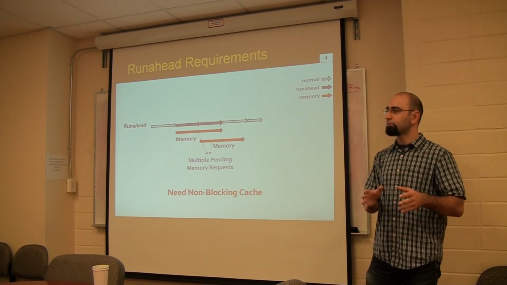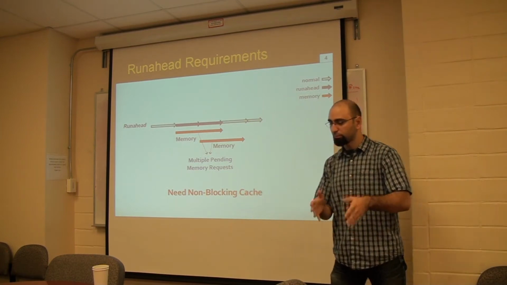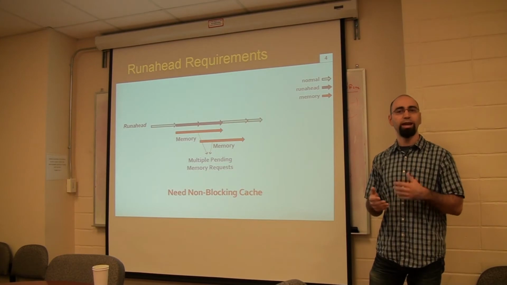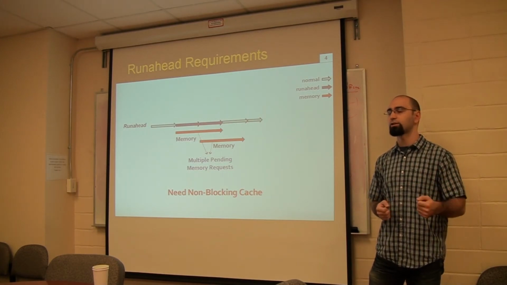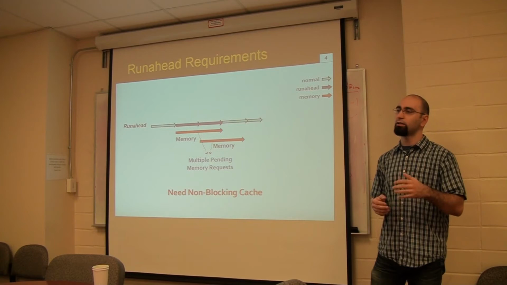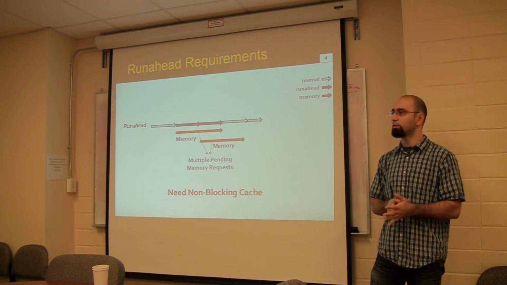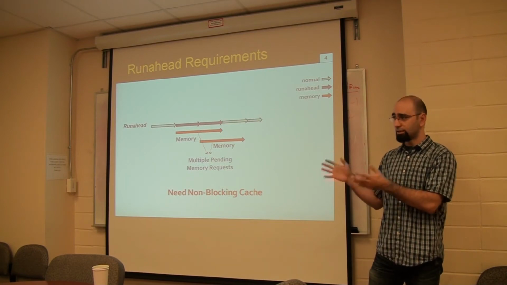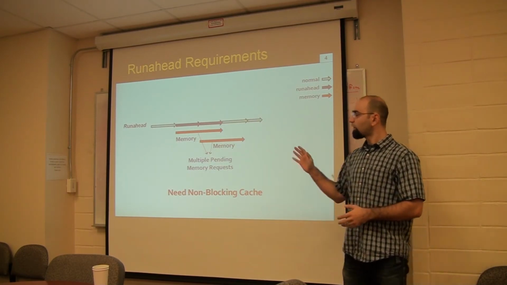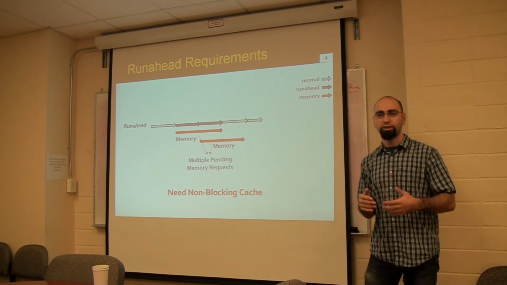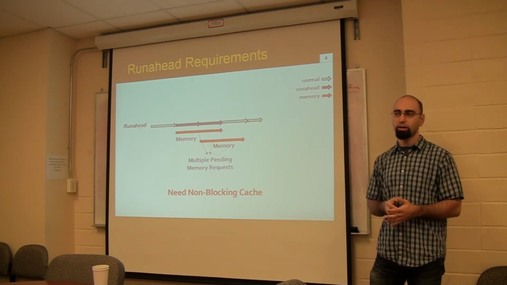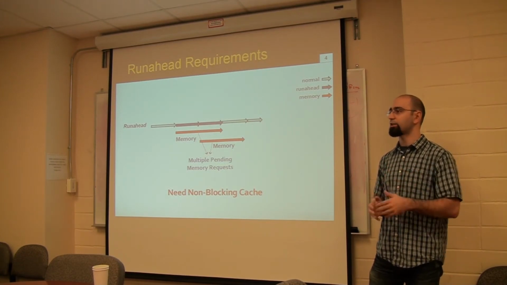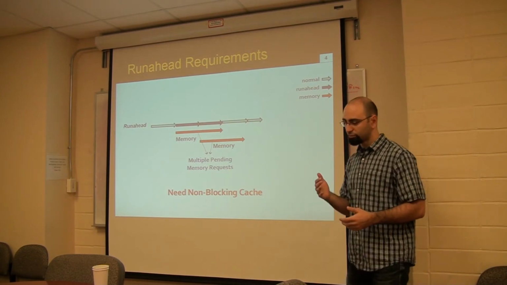If the first miss is initiated and the cache is waiting for that, and it's not able to respond to any subsequent accesses, then we have a problem, because a lot of operations that we perform on the processor need access to the memory hierarchy, like the cache. So not only does it have to be able to send multiple requests to the memory controller at the same time, it must be able to respond to those requests that actually hit in the cache too. So our non-blocking cache must be able to do both.